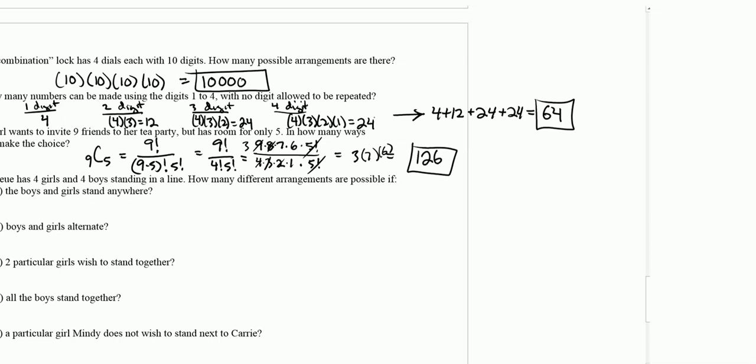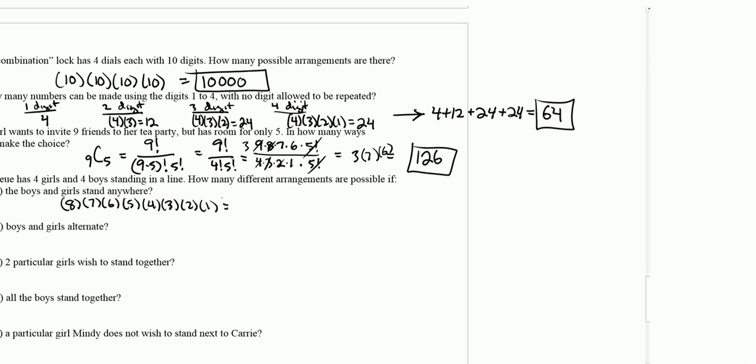38, a queue has 4 girls and 4 boys standing in line. How many different arrangements are possible if the boys and girls stand anywhere? Well, if they stand anywhere, you have just 8 people lining up, and so you have 8 choices for the first person, then 7, and then 6, all the way down to 1.